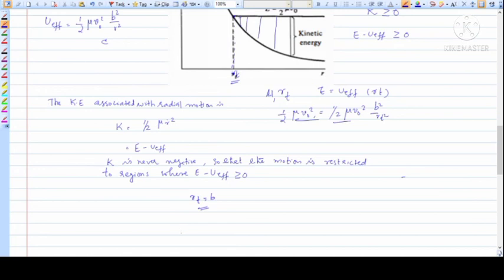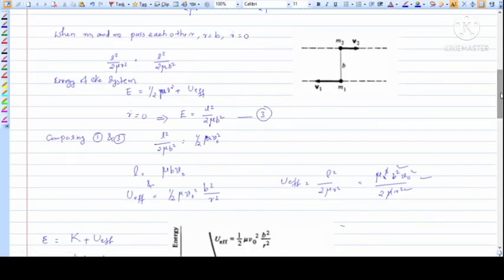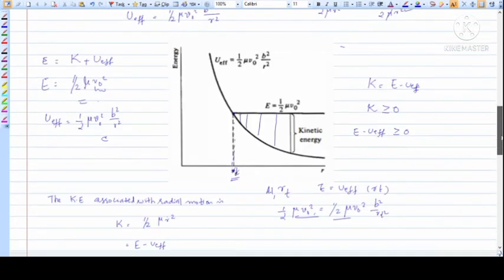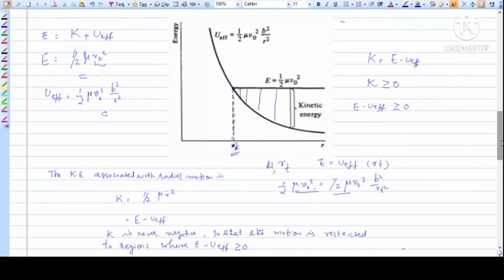Once the turning point is passed, R increases and the particle will separate. In the center of mass concept, the particle of mass mu bounces off the barrier of the effective potential. So, in the concept of reduced mass, we are reducing the two particle problem to a one body problem.